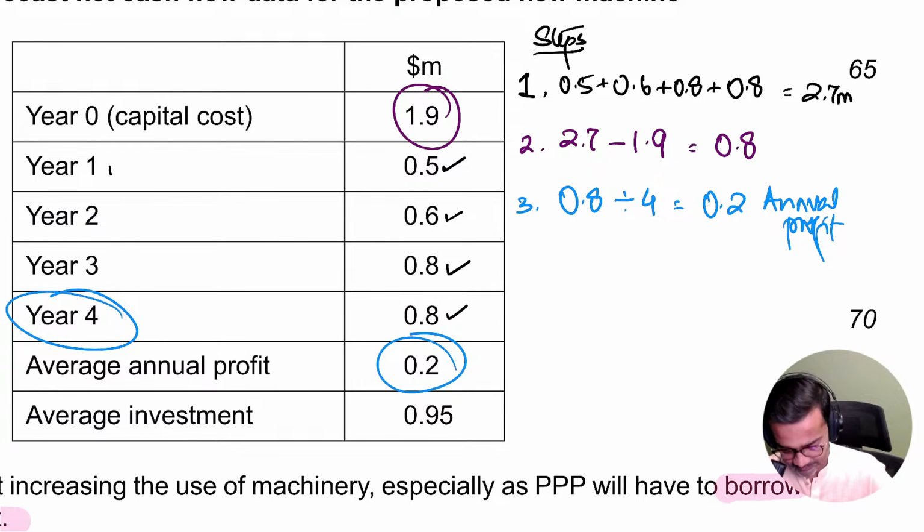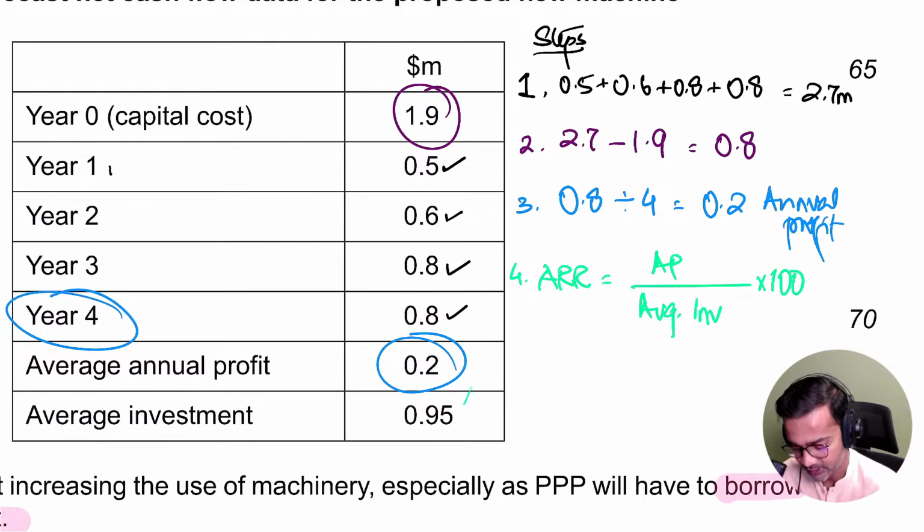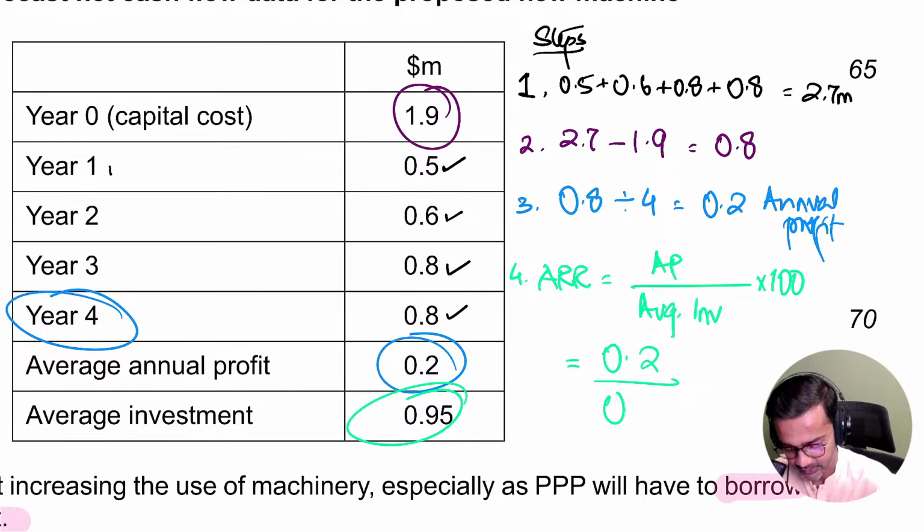Now, the fourth step, which would have been the only step to do in this question, would be to calculate ARR. And the formula for ARR is annual profit divided by average investment into 100. Okay. Now, the other piece of information is also given here. So, this simply becomes 0.2 divided by 0.95 into 100.